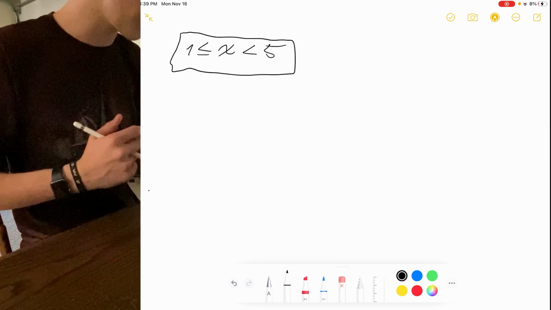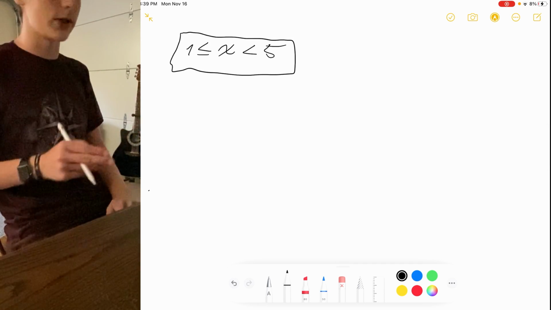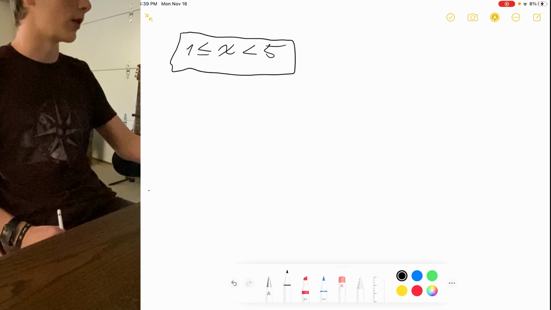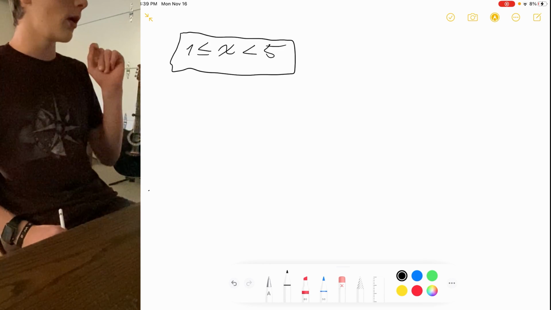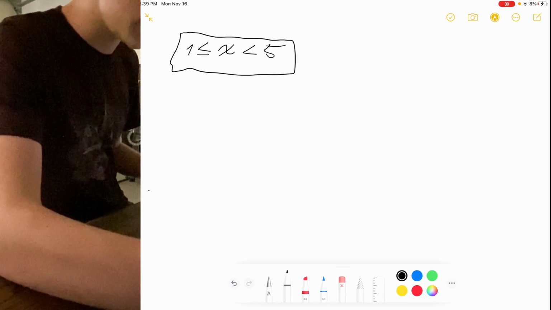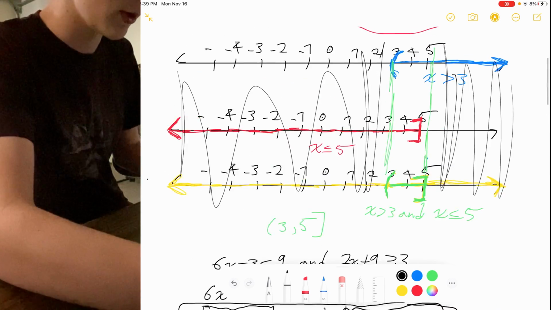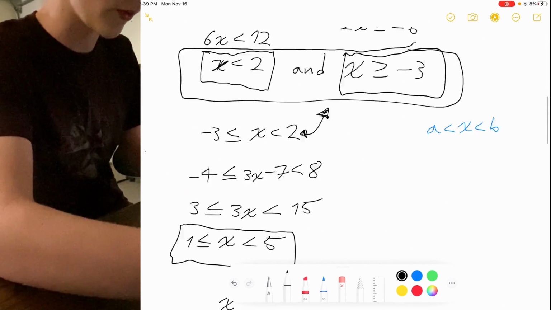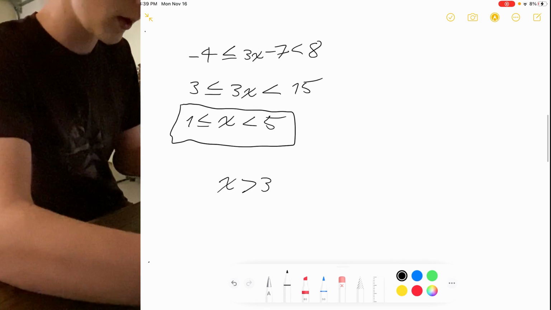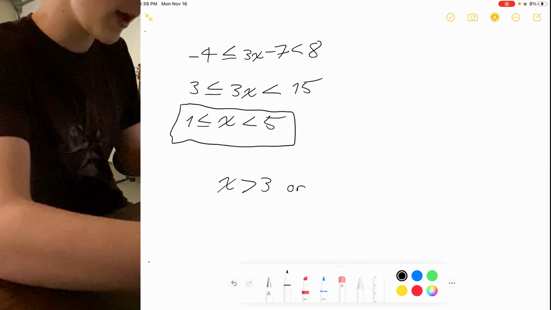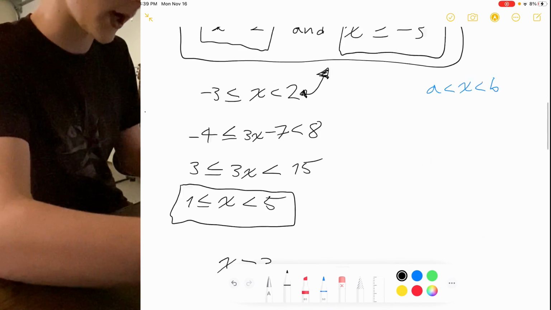I'm not going to graph it out because that would take too much time. I'm just going to go quickly through this. Let's say we had x is greater than 3, right? Or x is less than or equal to 5.